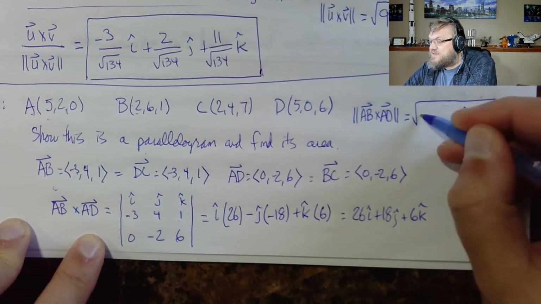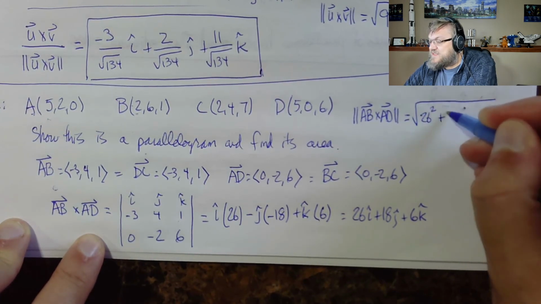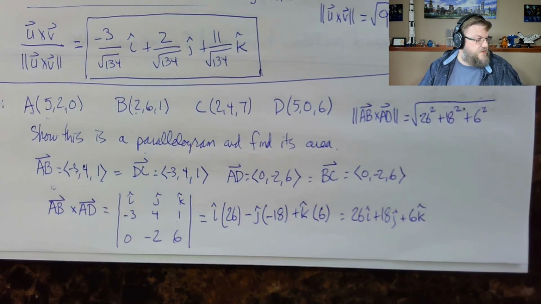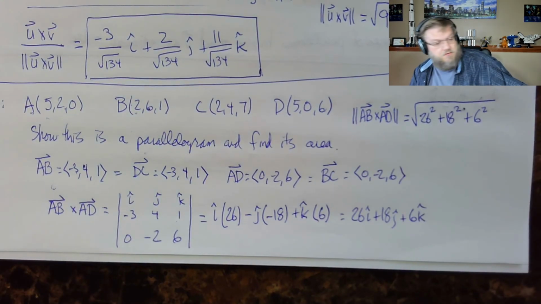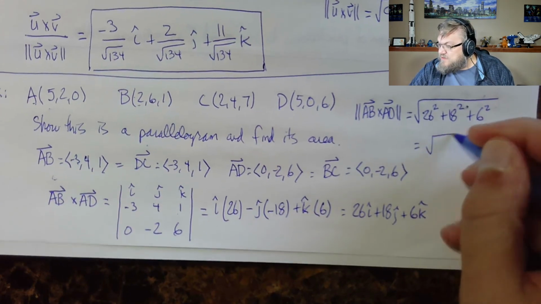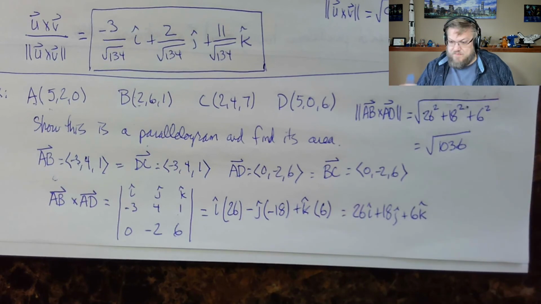So square root of 26 squared plus 18 squared plus 6 squared. Doing that in my calculator. I was like, where's my calculator? 26 squared plus 18 squared plus 6 squared gets me 1036, the square root of that.